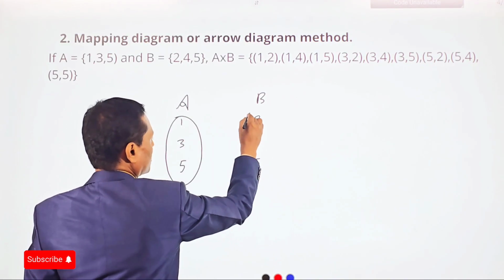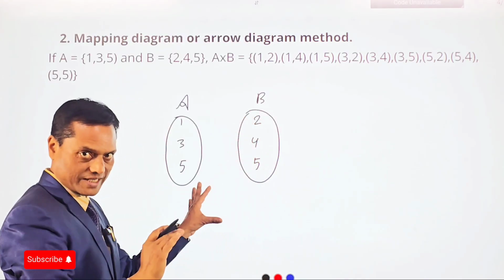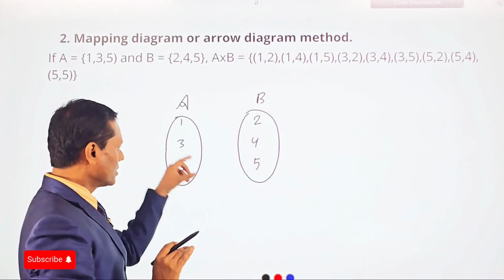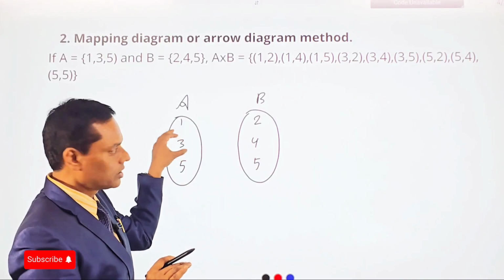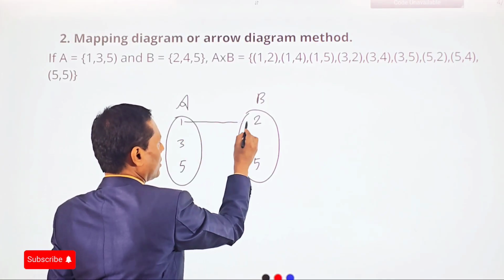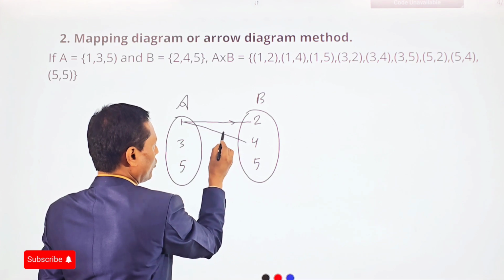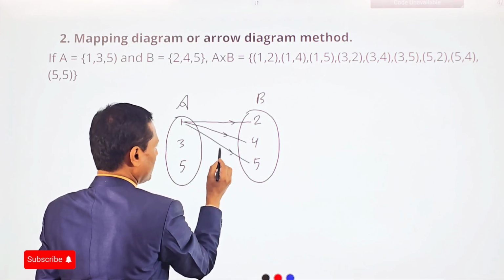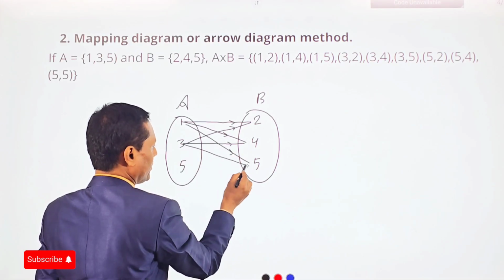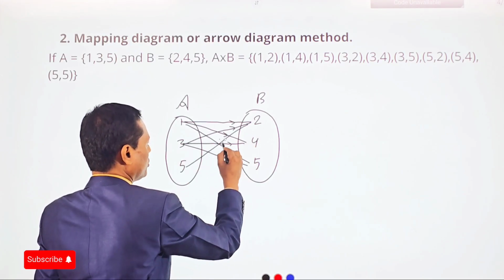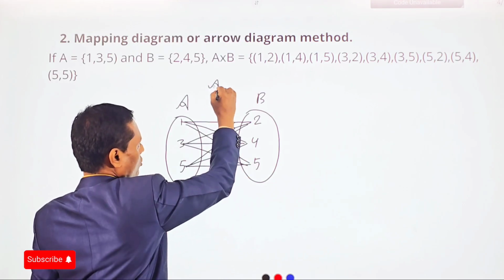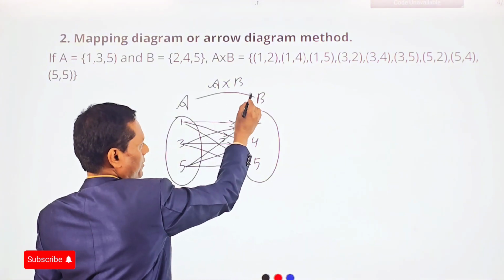We enclose the elements inside oval shapes. Now we map all the elements of set A to each and every element of set B, like this: (1, 2), (1, 4), (1, 5), likewise (3, 2), (3, 4), (3, 5), likewise (5, 2), (5, 4) and (5, 5), and that is A cross B, from A to B.